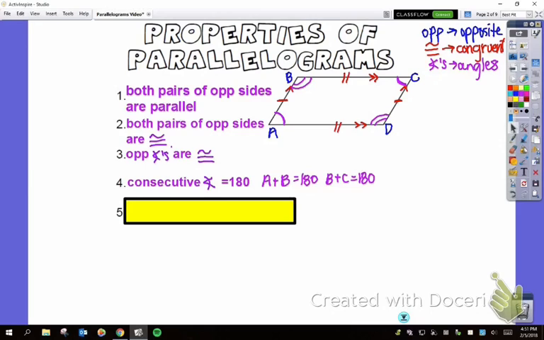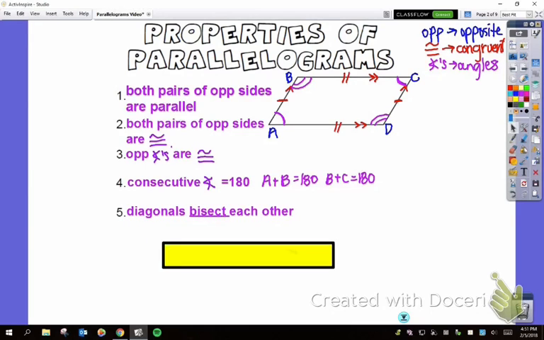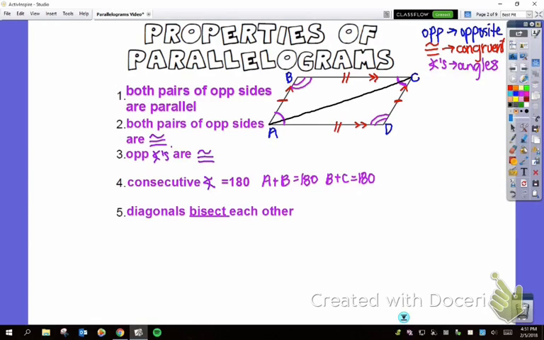Our last property deals with our diagonals. Now, remember that our diagonals connect our vertices that are across from each other. So from A to C, that's one of our diagonals, and from B to D, that's another one of our diagonals. Now remember, bisect means we are cutting in half.